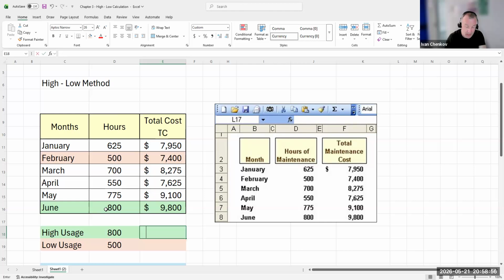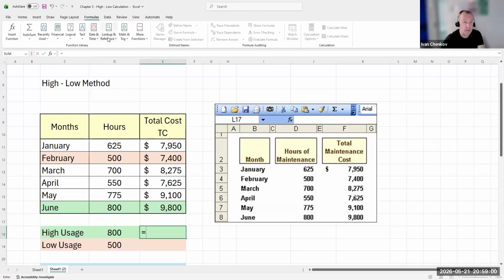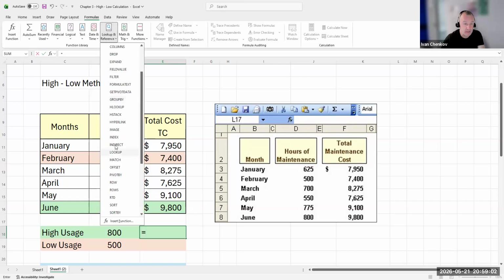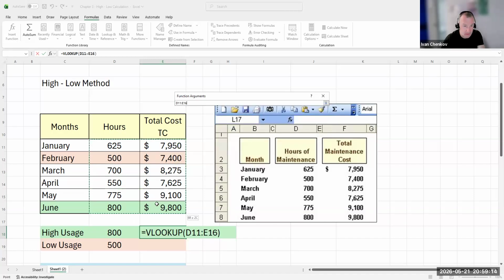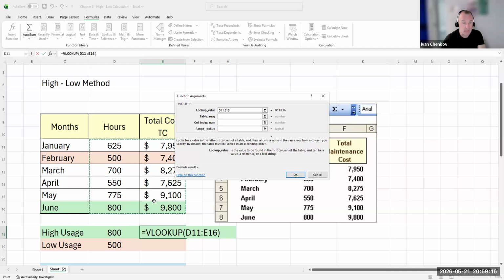So what I can do is use vertical lookup, if you like the vertical lookup. Basically, you put the range, the value that you're looking for, and you're looking for this value in this table.